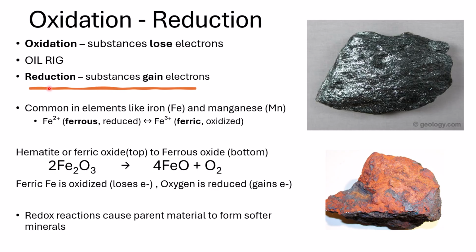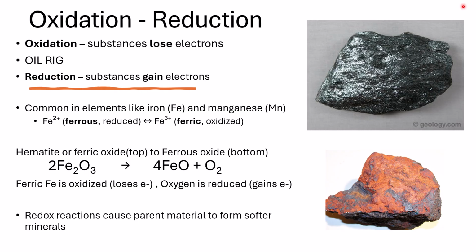Now, the other part of OIL RIG is talking about reduction. This is where substances gain electrons. Okay? So if one mineral loses an electron, another mineral or element has to gain it. The RIG: reduction is gain.